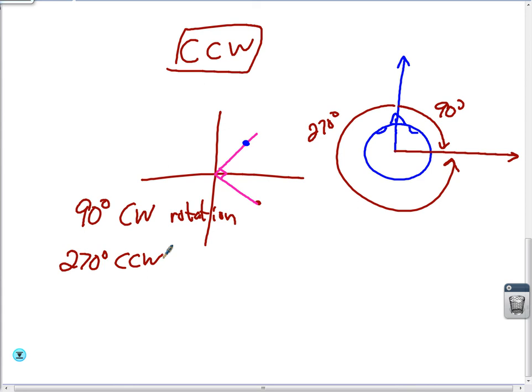If I ask you for a 180 clockwise, honestly, that's crazy. 180 clockwise, counterclockwise, it's the same thing. I don't have to give you directions on a 180 degree spin. That's like saying, I want you to spin around 360 degrees counterclockwise. Well, if you spin 360, you end up in the same place anyway. It doesn't matter what way you spin, it's the same. We'll talk about terminal side later. But that's how you do clockwise versus counterclockwise.